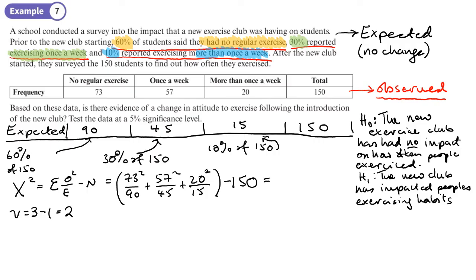So we get 14227 over 90 minus 150. If we do that, we get 727 over 90, which is 8.07 recurring. That's what it looks like on my calculator. So we could call it 8.08, or 8.078 if you're rounding it to 3 decimal places, but that's fine.